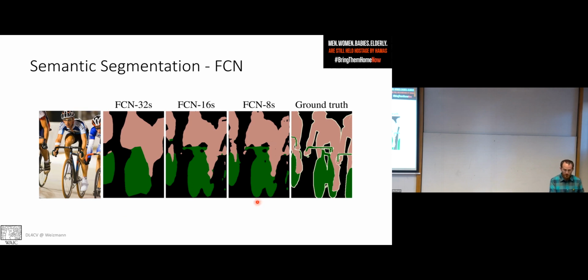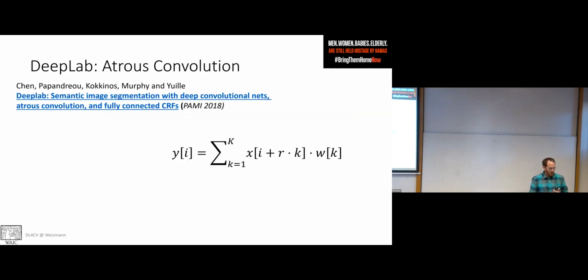And if you do only stride 8, you are able to recover finer details. So we want to do striding in order to increase the receptive field, and we pay for this because we need to recover the resolution.